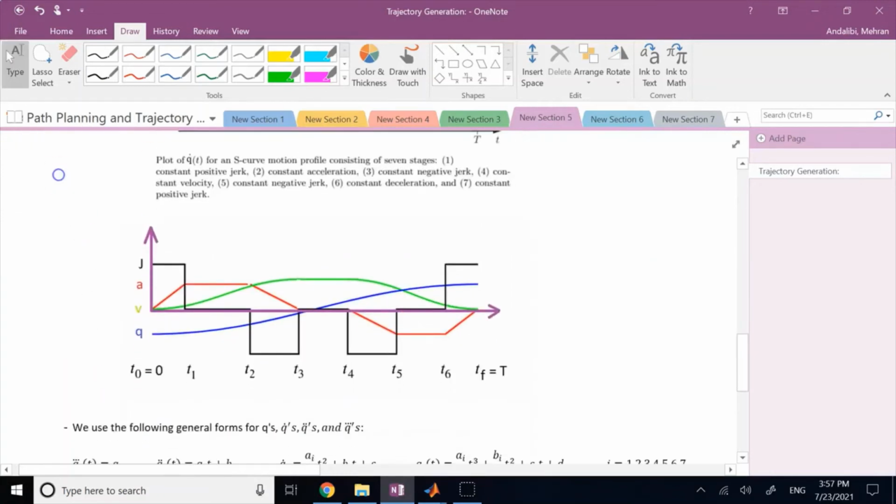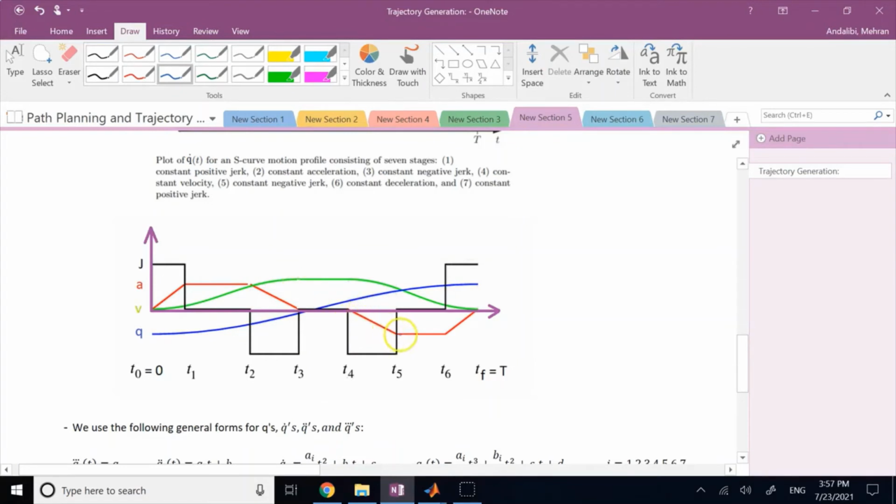So if you look at the profiles for velocity, acceleration, and jerk, these are the four plots that you see. The green one is that modified trapezoid or S-curve that we mentioned. If you look at the acceleration, you go up linearly, then you stay constant, then you go down linearly to zero, then you stay at zero, and then exactly the opposite of that.